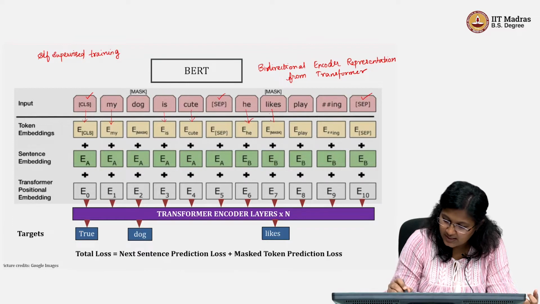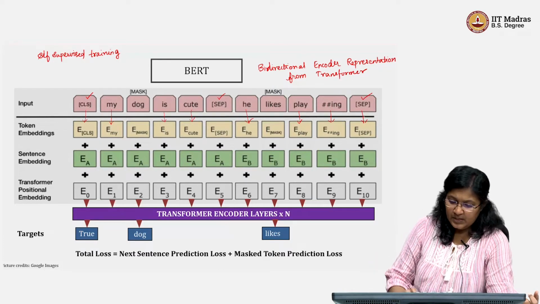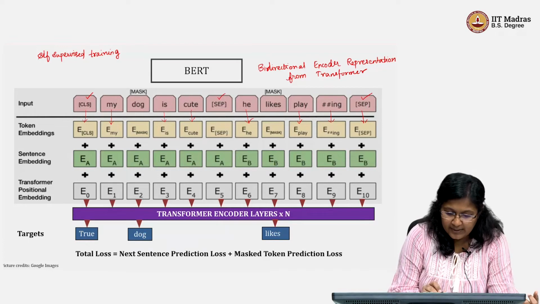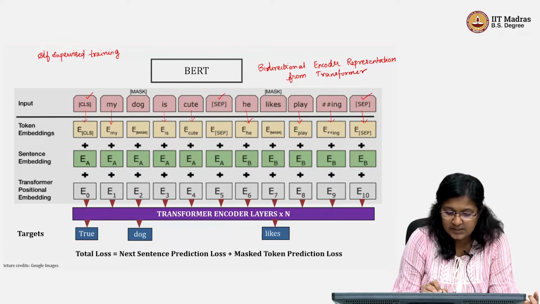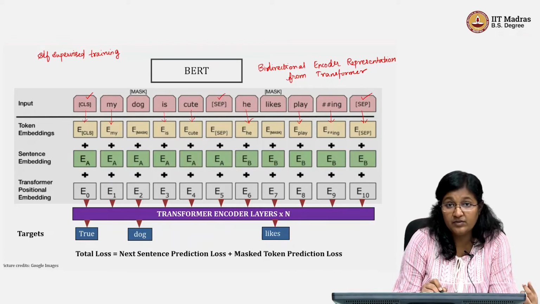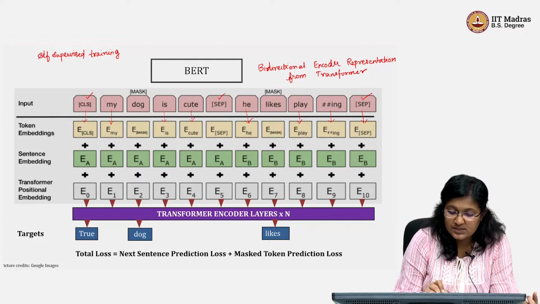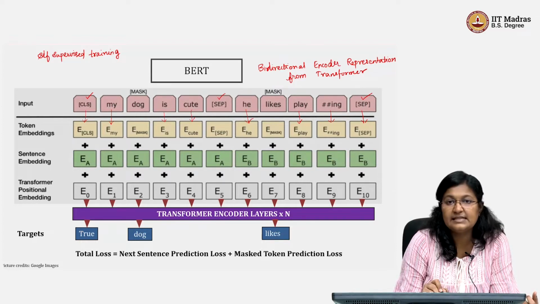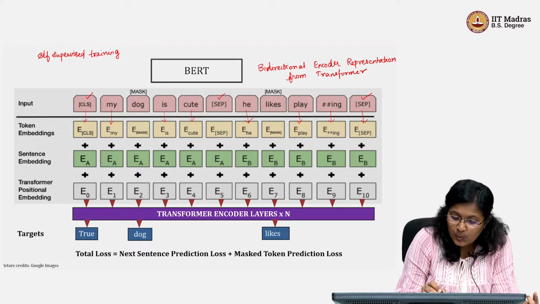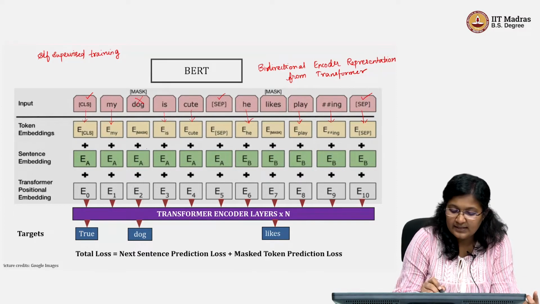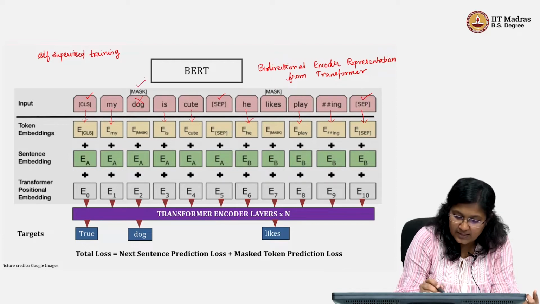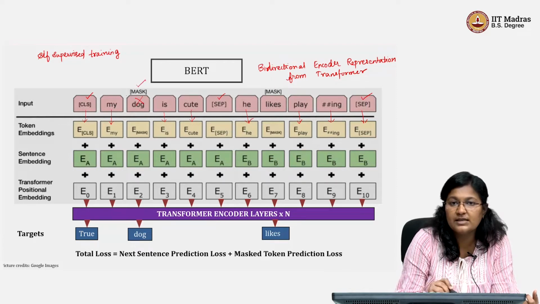Okay, here it is masked. Let us come to this again later. Okay, the respective embeddings are here. So you see instead of E subscript dog, which is the embedding for the word dog, you just give it as E subscript mask. In the sense, I have masked this token. I am not passing the token for dog, rather I am saying to the model that this token is masked, okay.